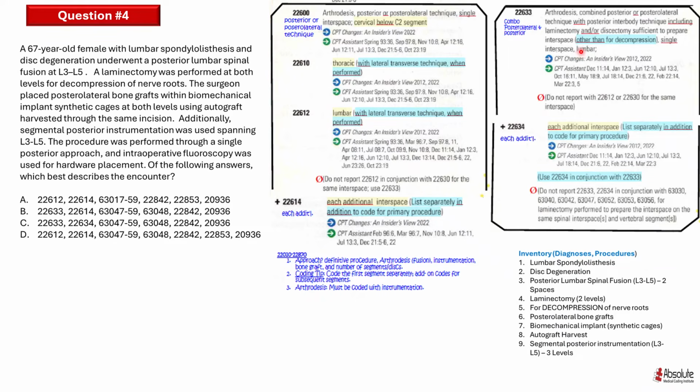But what stands out is other than for decompression. So this procedure is not to be used for decompression. And remember, I told you to capitalize decompression for decompression or not for decompression. It's important because sometimes it could be the game changer. And this is the game changer. Boom. So we can eliminate 22633, B and C. They got to go. They're distractions.